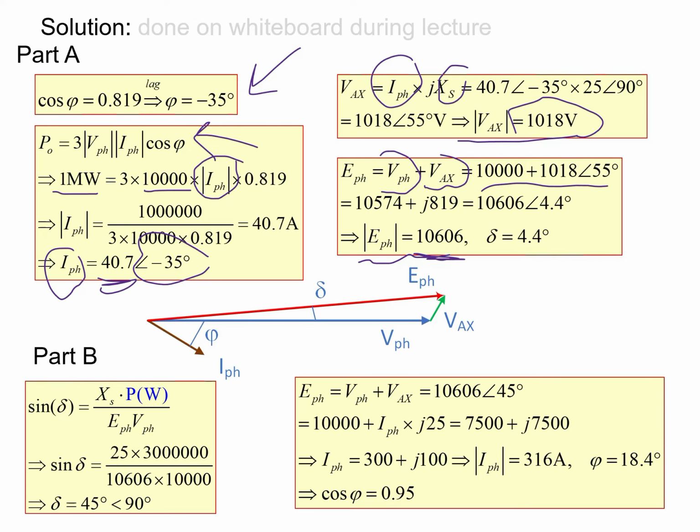Missing here is the unit, volts, and the angle that we obtain over here is actually the load angle. So this is the load angle, and if you would like to see it in a phasor diagram, take a look over here. So now let's see what happens in part B.